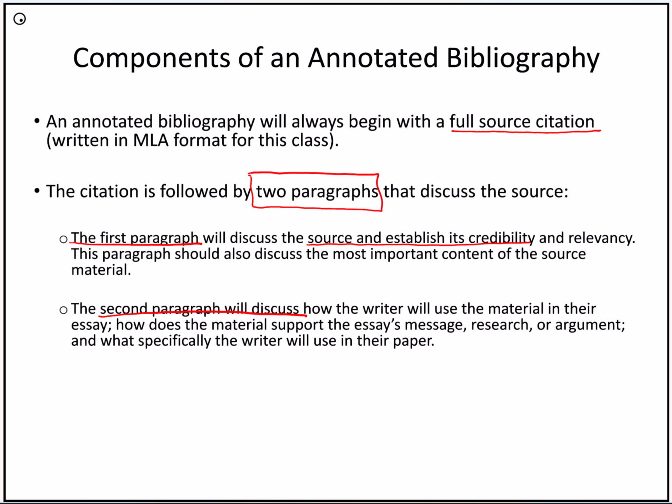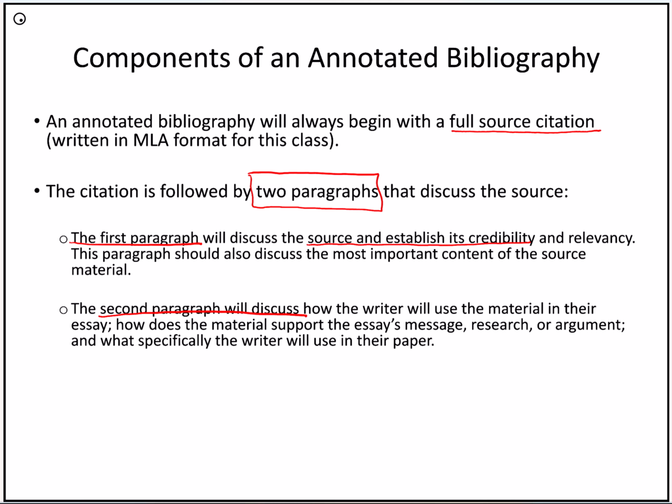Now, obviously, we really haven't gotten to writing the essay yet, so I'm not expecting you to know exactly how. In fact, you might find that when the time comes, you don't even use the source in the way that you said you would in this paper, or perhaps you don't even use the source at all, because while this is trying to help you find sources, you will likely find other sources as you start to write your research essay.